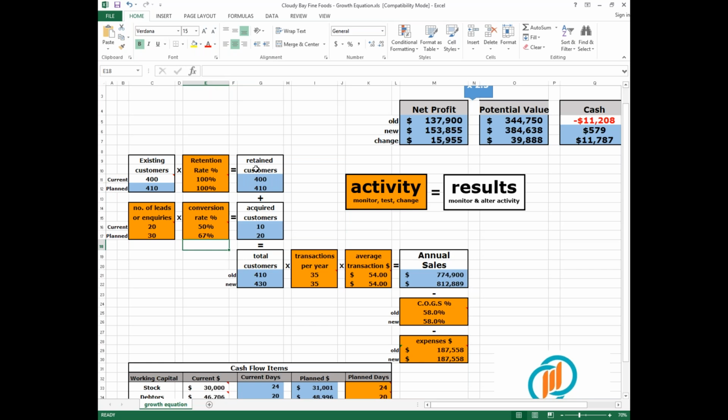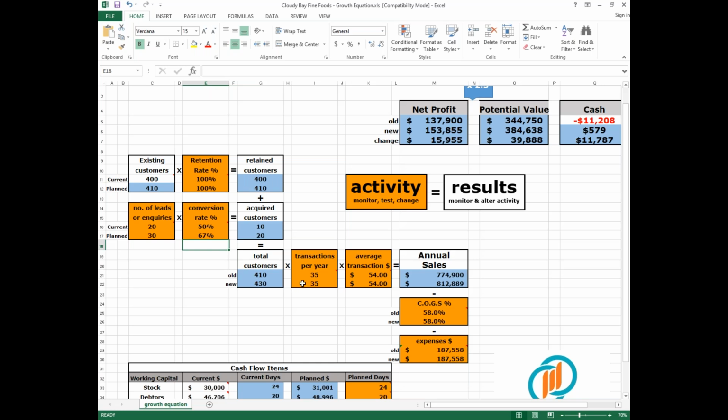So just going back over what we've just done: 30 leads, converting 2 out of 3 of them, so she gets 20 new customers. We added that onto the 410, so that's 430.